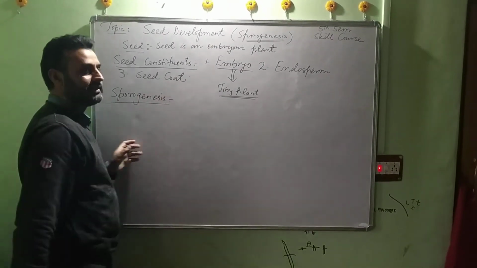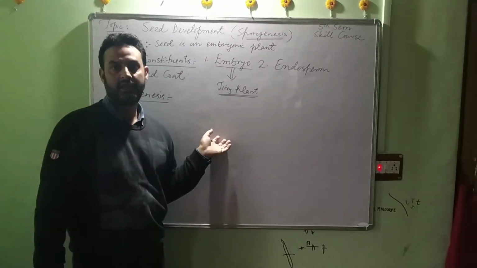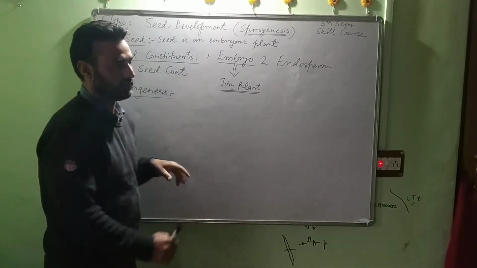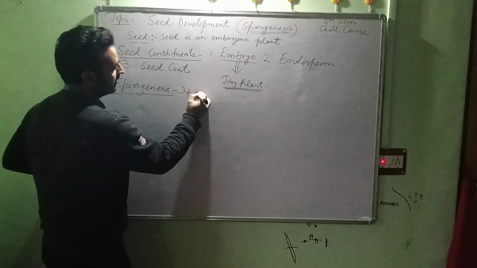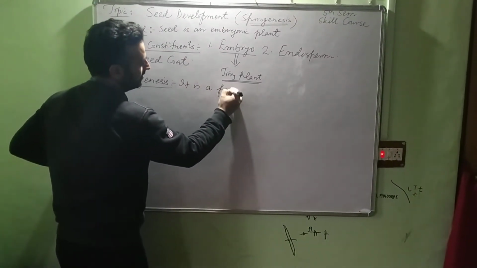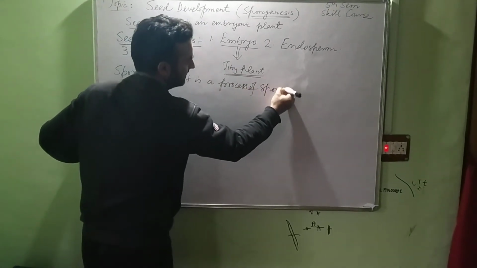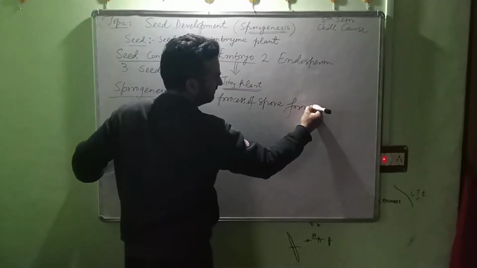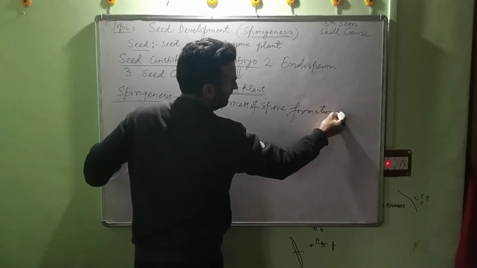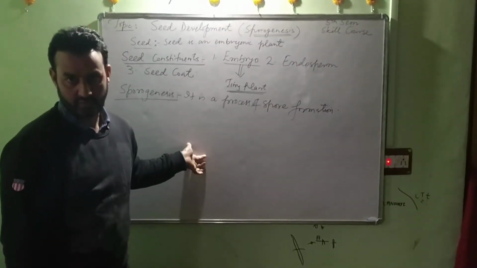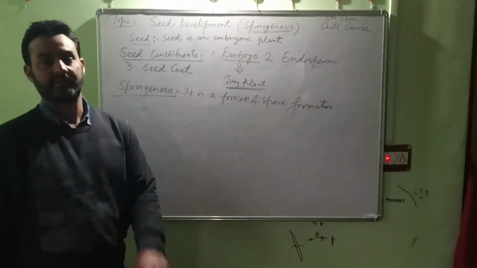Sporogenesis is a process in which spores are formed. So the process of spore formation is called sporogenesis. There are two types of sporogenesis.